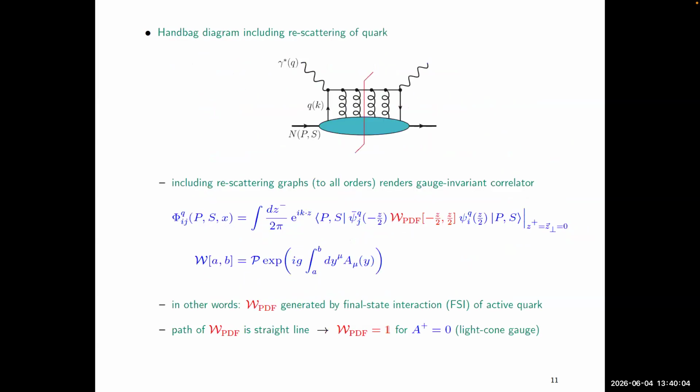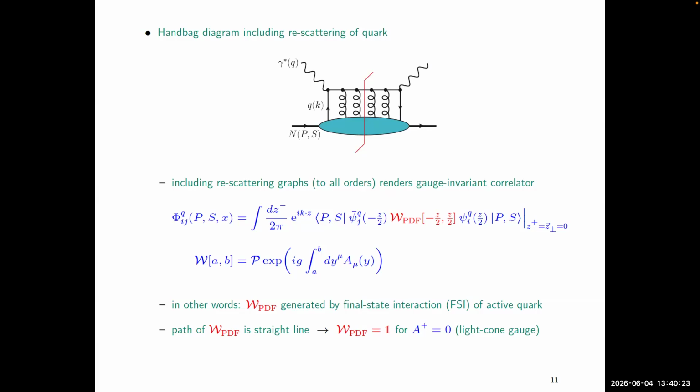And the second point I want to make here is, I said before, we have this bilocal quark operator, and we somehow need this Wilson line in between to get color gauge invariance. And it almost sounds as if I have to put it in by hand. In fact, physics provides it for me.